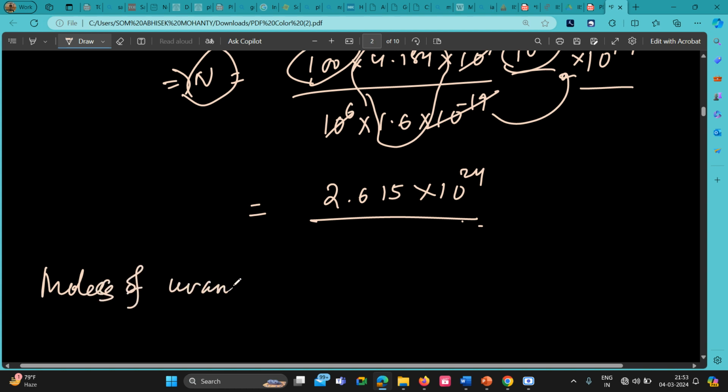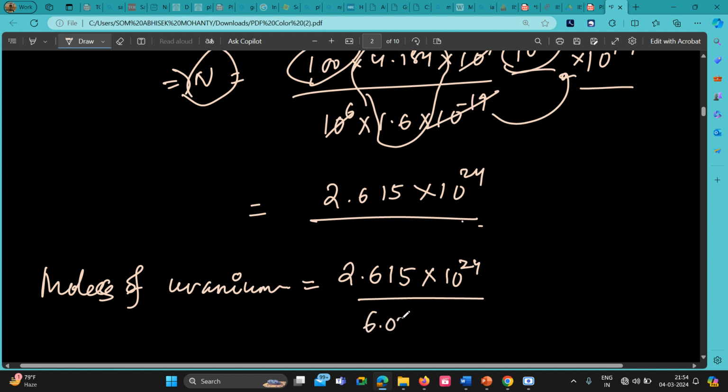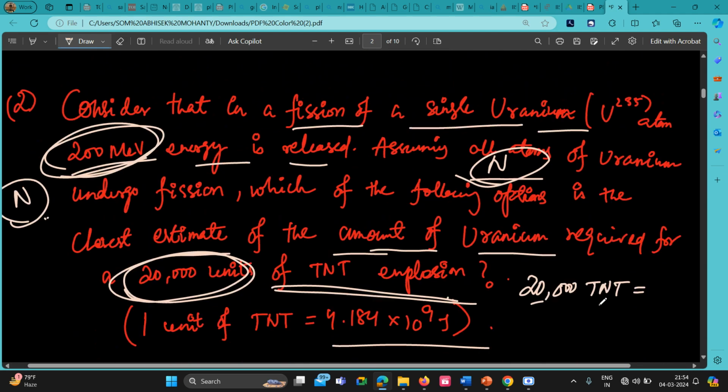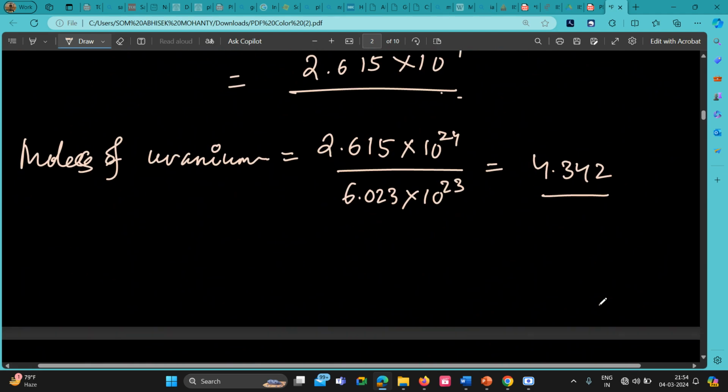We find the moles by dividing by 6.023 into 10 to the power 23 atoms. If we divide it, we will get 4.34 after calculation. So if you see, what is the molar mass of uranium? That is 235. Molar mass of uranium is how much?